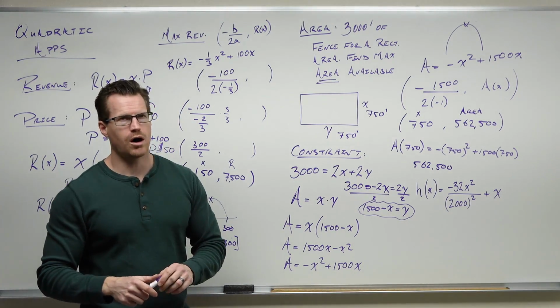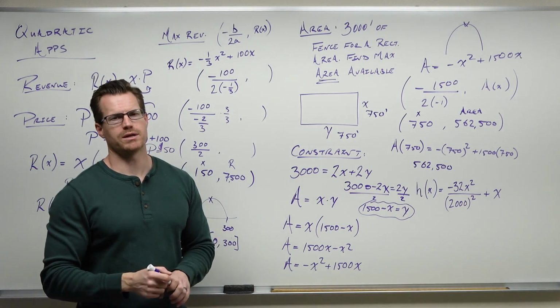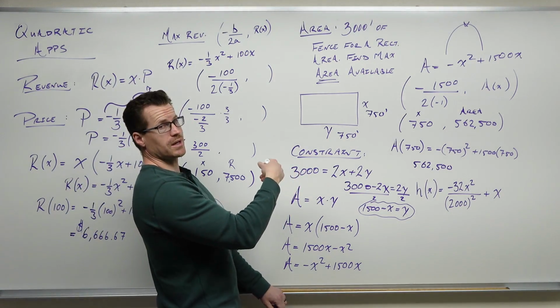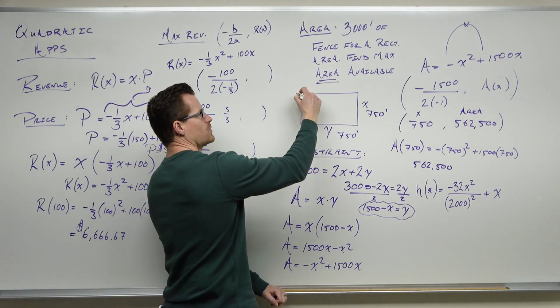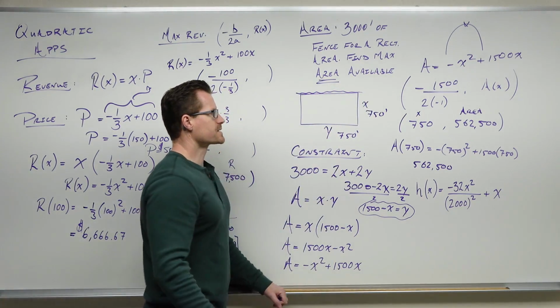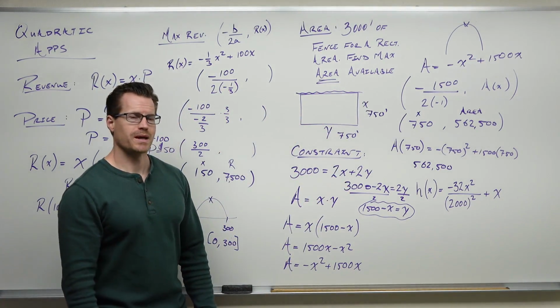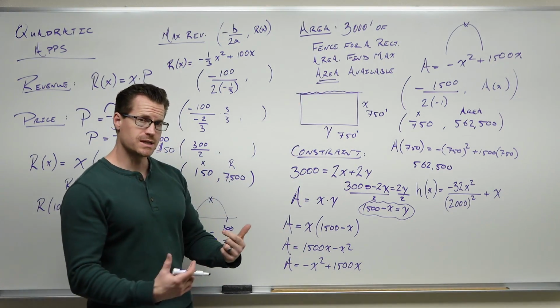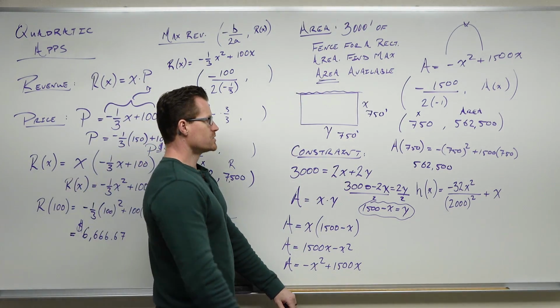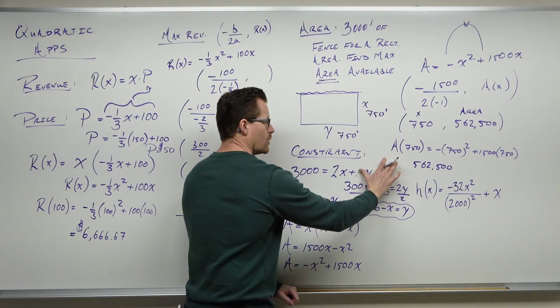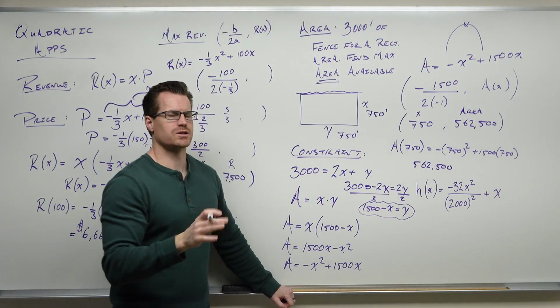One thing that people often will do here to make it a little bit more interesting is imagine you only had 3 sides you need to fence because you have, like, a river here. Well, the same exact thing would happen. It's just your constraint would change. If you had a river on one side where you didn't need fencing, then you would just have 2 x's but only 1 y. It's actually easier to solve.